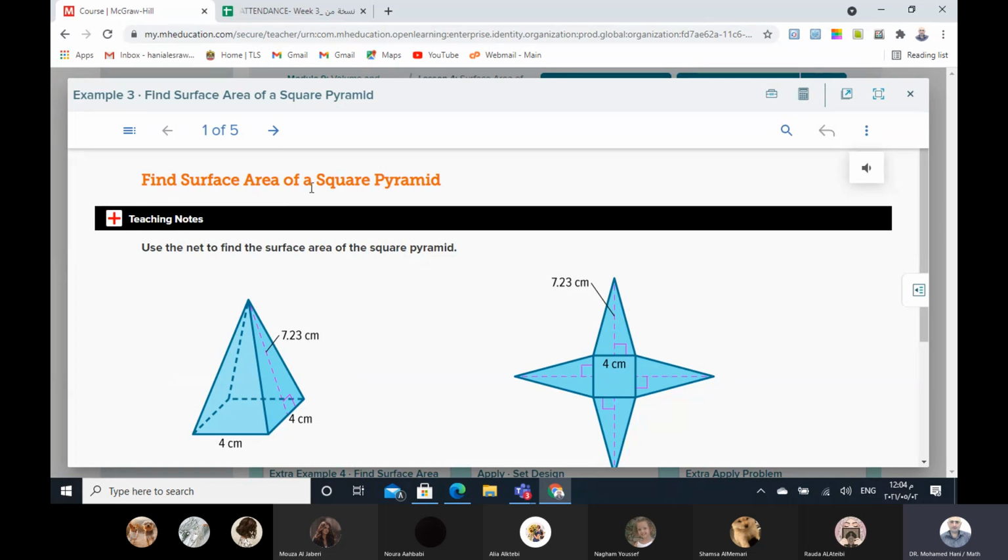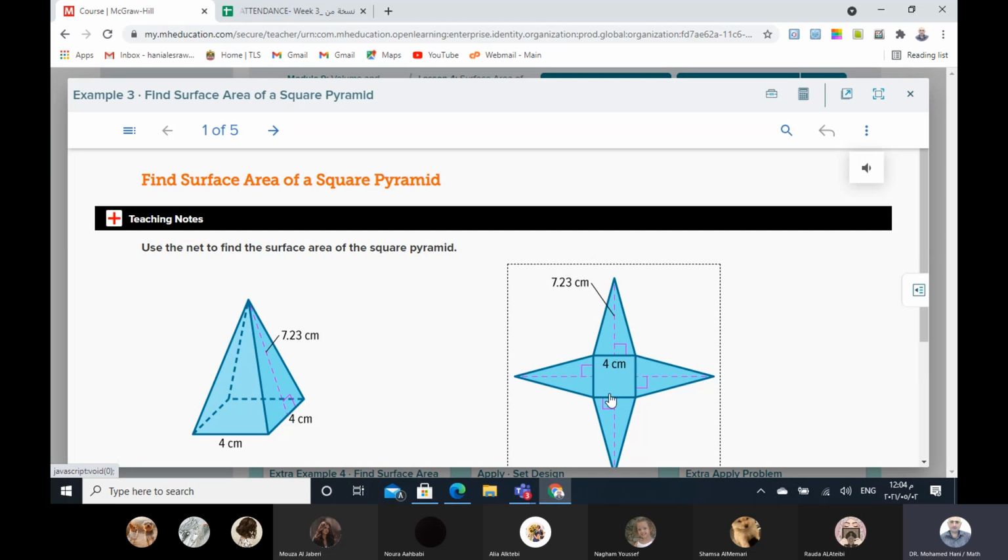Find the surface area of a square pyramid. Square pyramid means we have the pyramid, but the base will be what? Square. Use the net to find the surface area of the square pyramid. So the first step to find the surface area of the pyramid, draw and label the net.